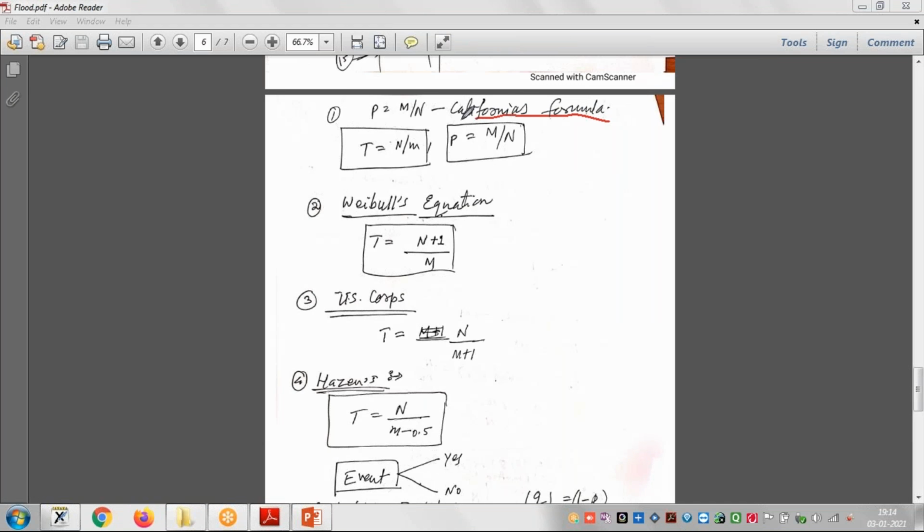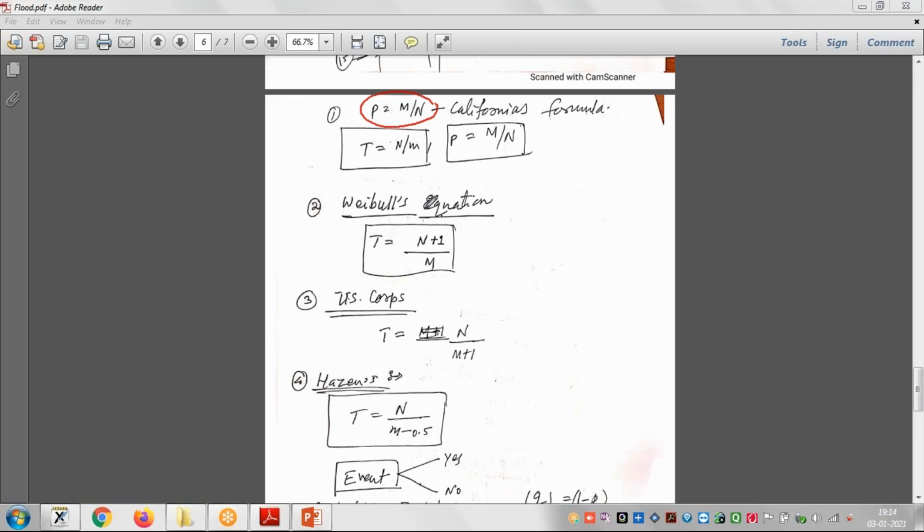Some engineers from California gave a formula: P is equal to m upon n, right? Initially we saw that T is equal to n upon m, and P is equal to m upon n. So this is called the California formula.